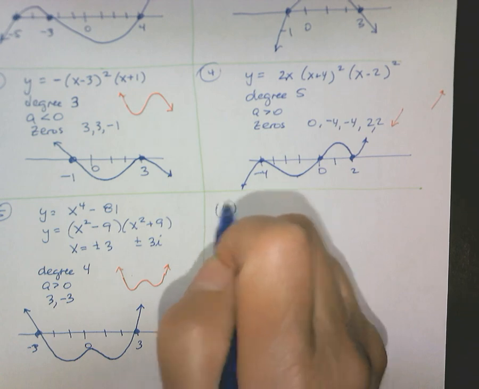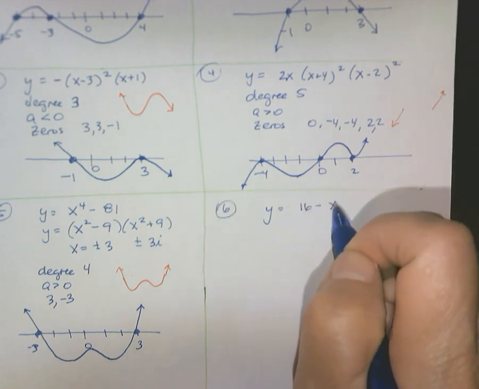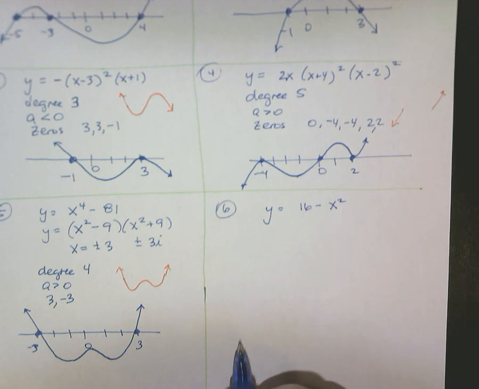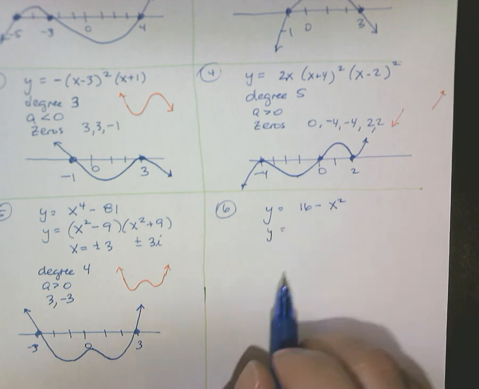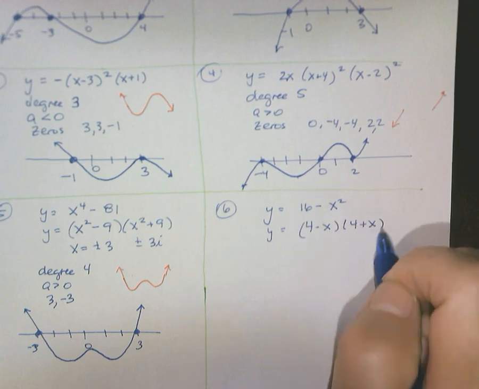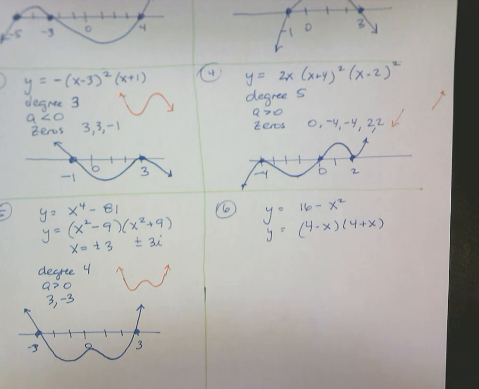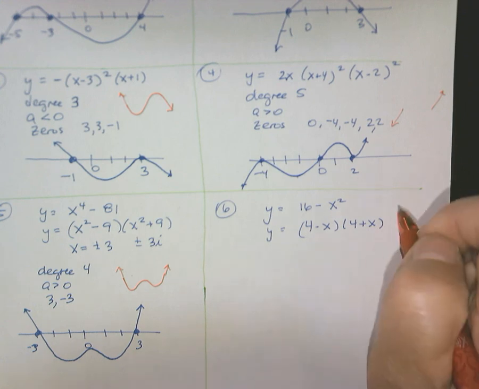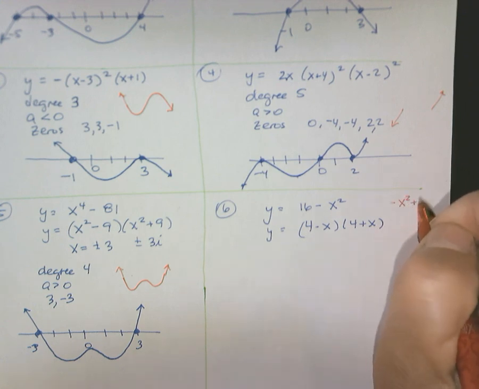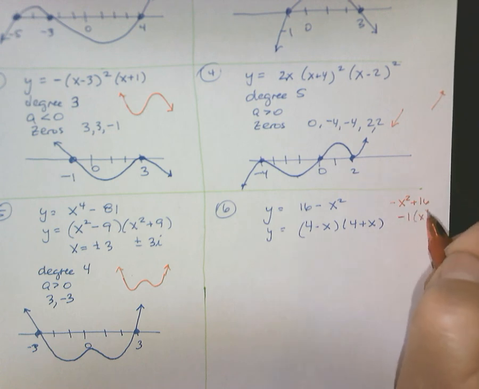And the last one I'll do, let's do y equals 16 minus x squared. So I can factor this. I get difference of squares, 4 minus x, 4 plus x. I'm not going to change that around. I could. If I changed it around, it'd be negative x squared plus 16. I would factor out a negative 1, and I get x squared minus 16.